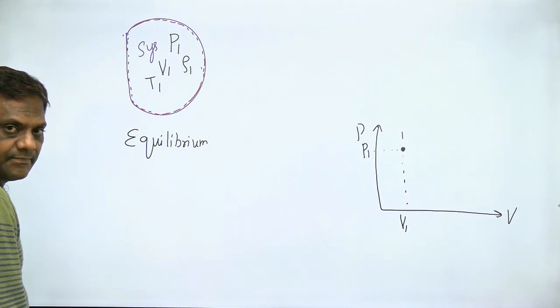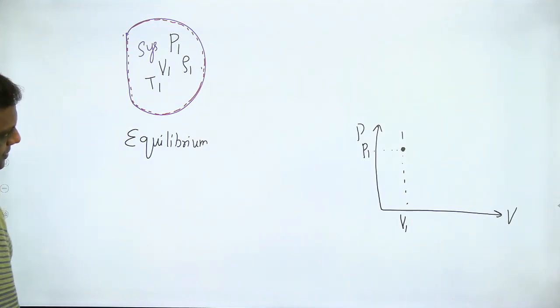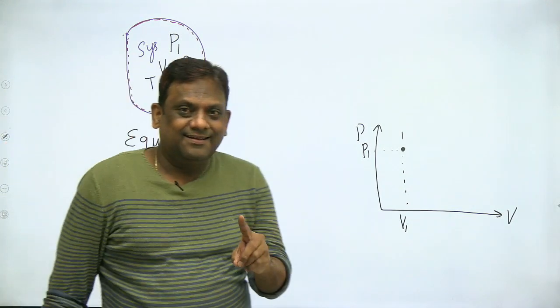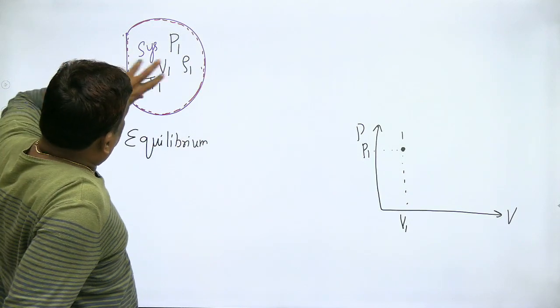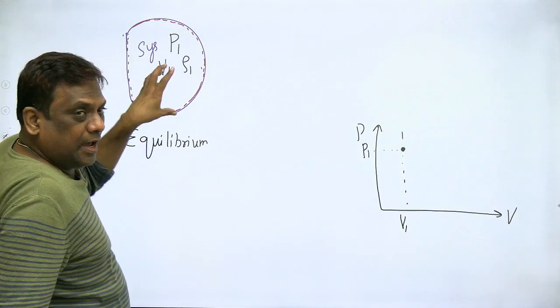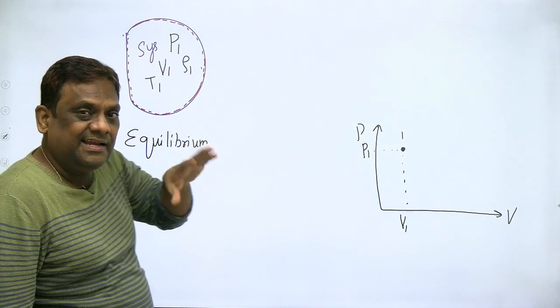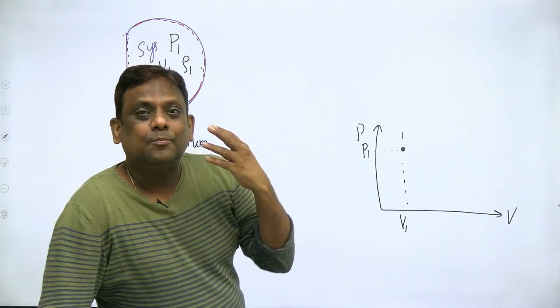Please note down that I have not used the words "the system has work W1, the system has heat Q1." There is nothing like heat and work. They are not properties.